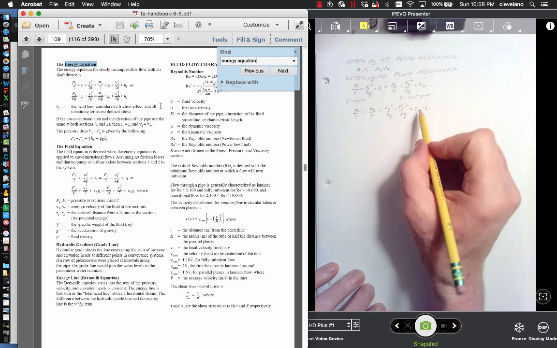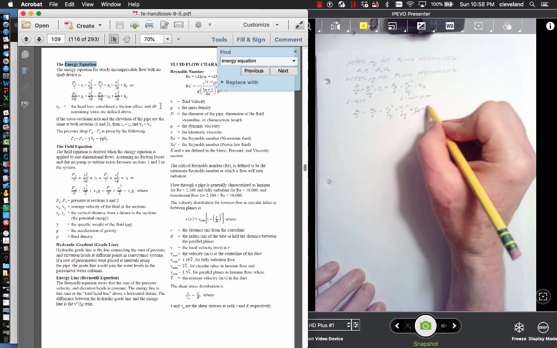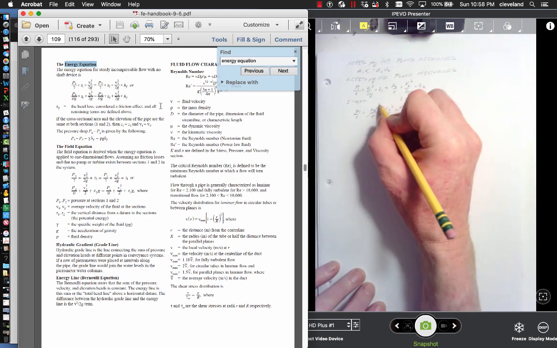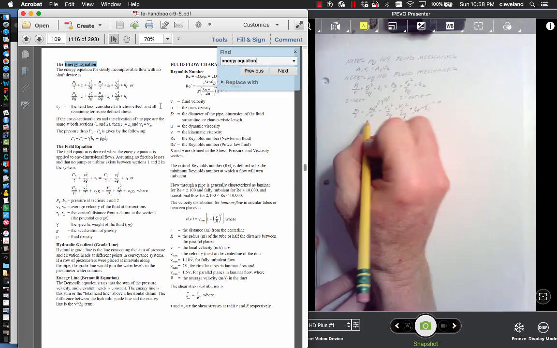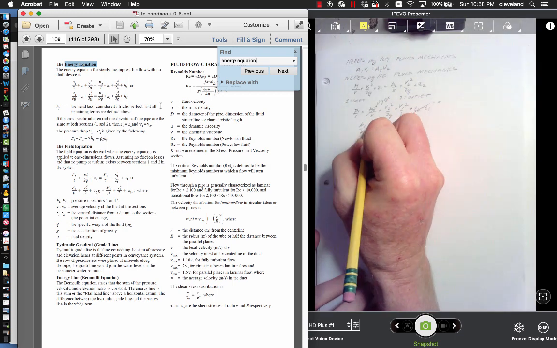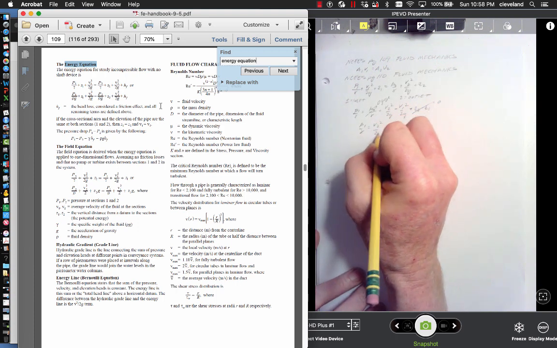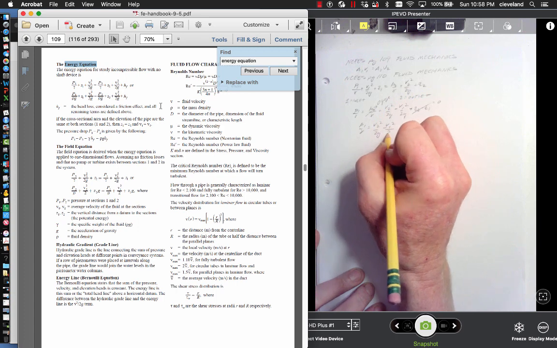In our particular problem, Z2 is equal to Z1, so that difference is 0. P2 is equal to 0 gauge, 1 atmosphere, we're told that. And so what's left is P1 over gamma equals V2 squared over 2G minus V1 squared over 2G.